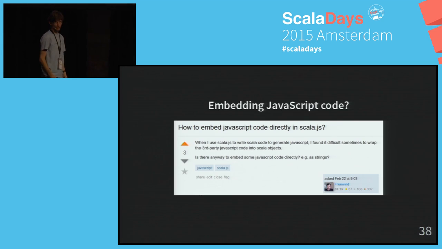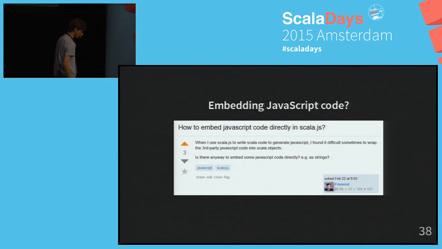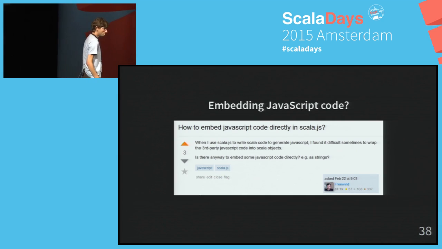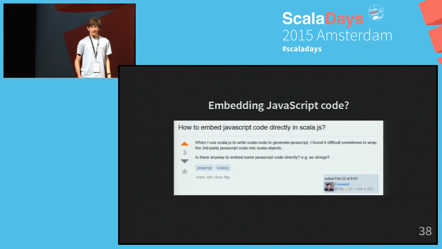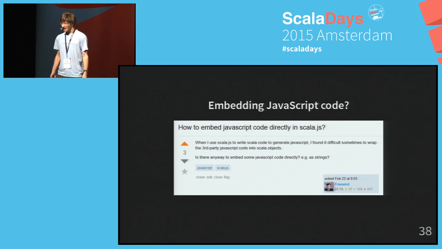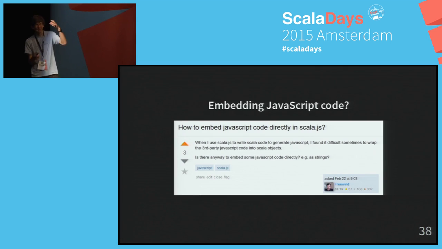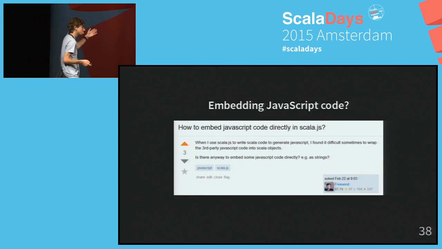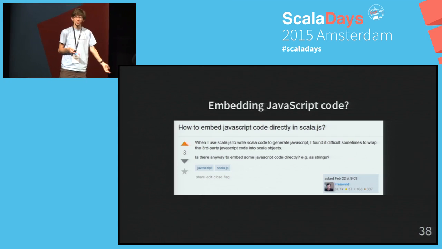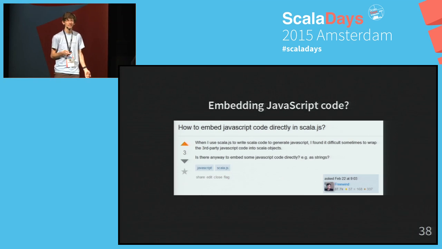The answer is no. Scala.js does not allow you to do such a thing because it's a sin. It's a sin because there is no way you can relate stuff in a string, which would be JavaScript code, inside your Scala code. How would scoping resolve? How would the data types behave? It doesn't make any sense, right?